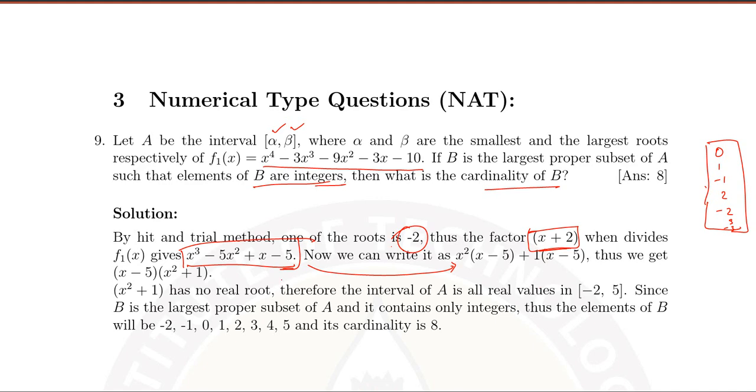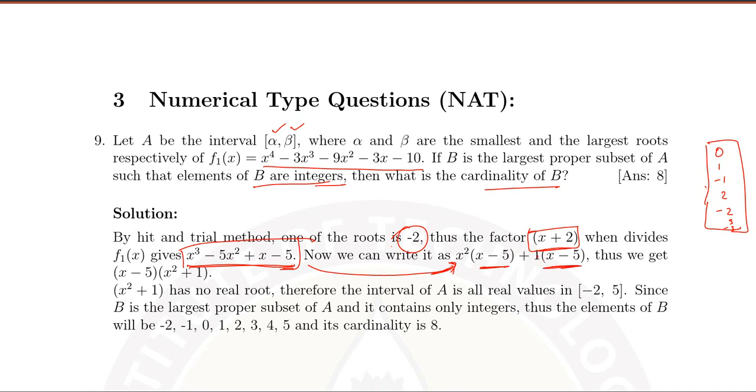In order to factorize this equation, we can notice x minus 5 here, and we can also see x minus 5 after taking x square common from here. So when x square is taken out, we are left with x minus 5, and from the other part, taking out 1, we are left with x minus 5.